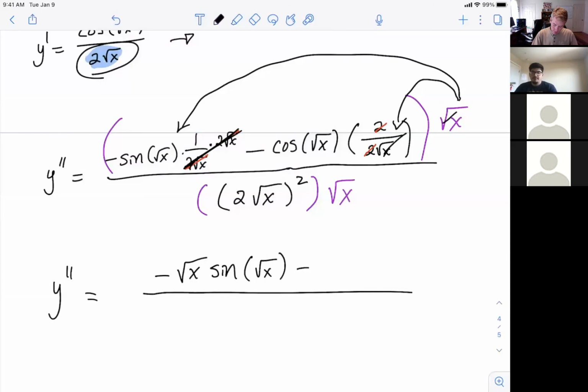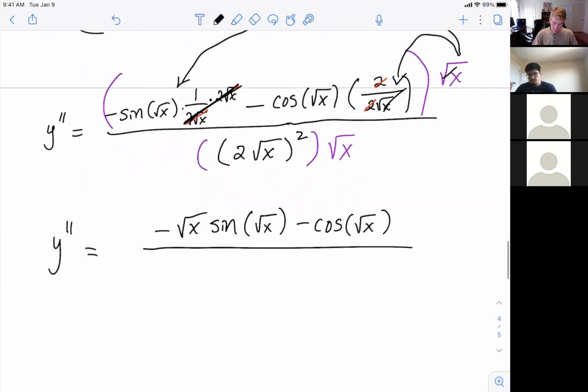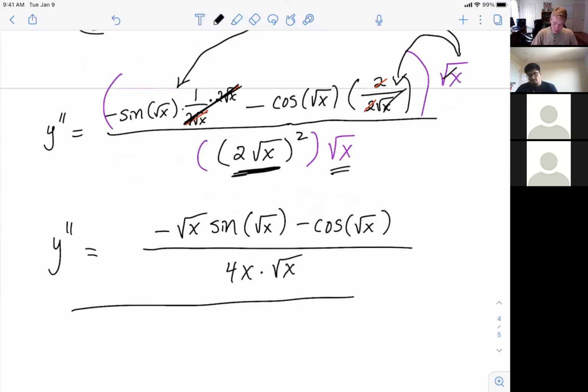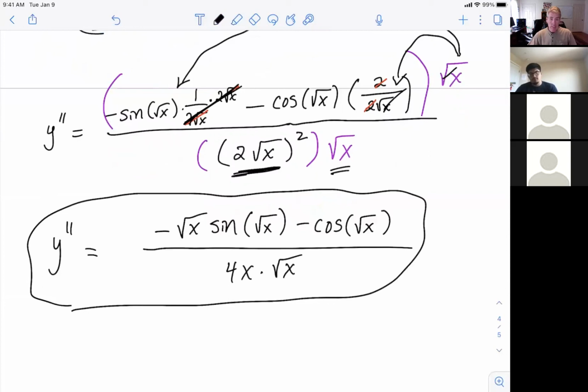So all it leaves is minus cosine radical x. And then this part needs to be squared, so that would be 4x. And then this purple radical x, you could just leave it like that. And then it doesn't need to be simplified anymore.